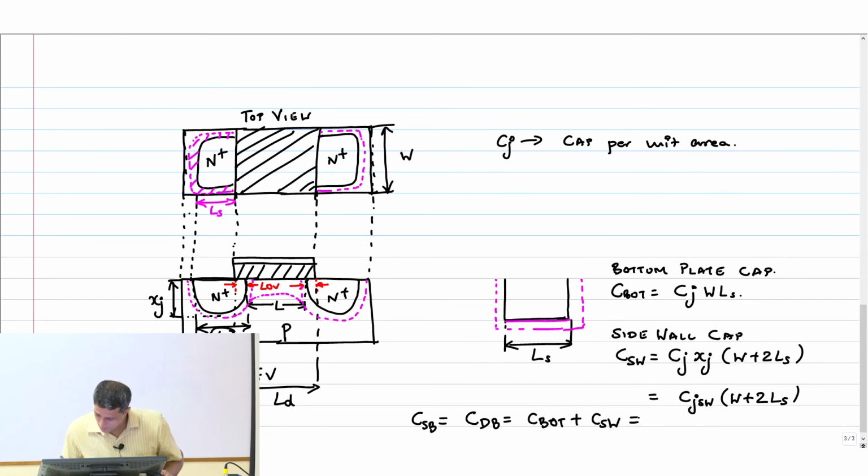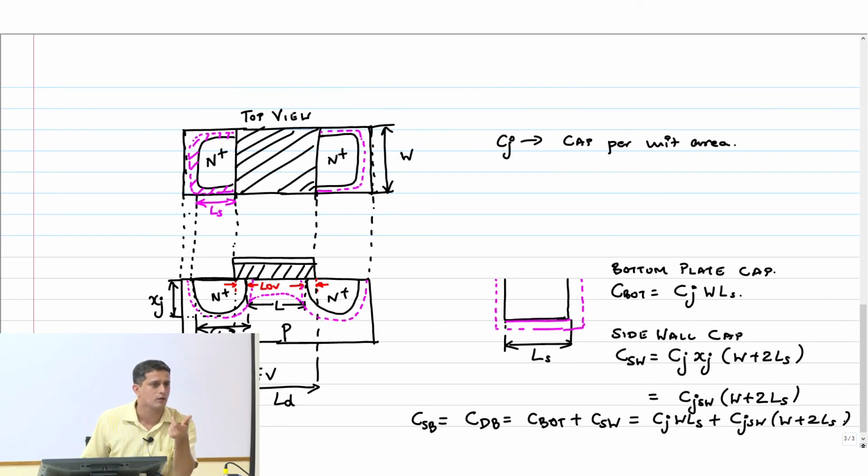So how much is that? It is CJ into W Ls plus CJSW into W plus 2Ls. Now, why didn't they combine CJ into Ls? Ls also is fixed, right? Why didn't they combine CJ into Ls as a technology constant?